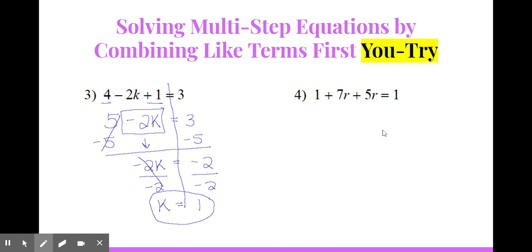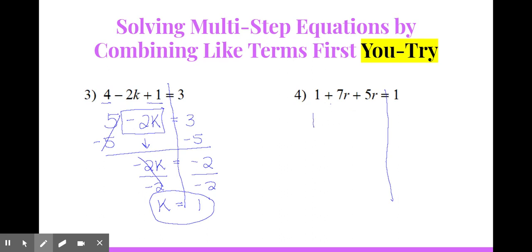Let's do another one. Problem number 4. Find your equal sign, draw your line straight down the middle. Let's look for like terms. So I have a positive 1, that's a constant. And if I look on the left-hand side, there's no other constants. Remember, I'm not allowed to cross this wall. So I'm going to bring the 1 down.